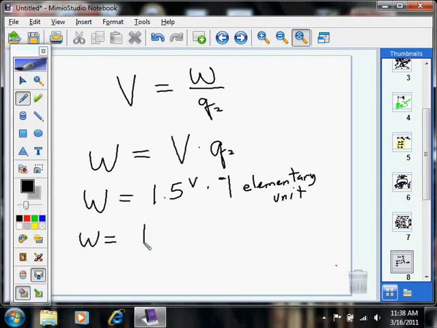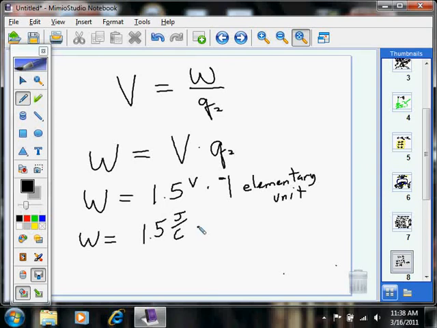1.5 volts, so I say volts, you say joules per coulomb. It tells you how many joules it takes to move a whole coulomb. That's like a big monster gang of charges, yes? But an elementary unit of charge, the charge of an electron, that's way, way smaller. Anyone remember that conversion?